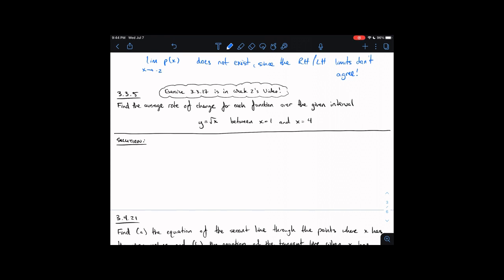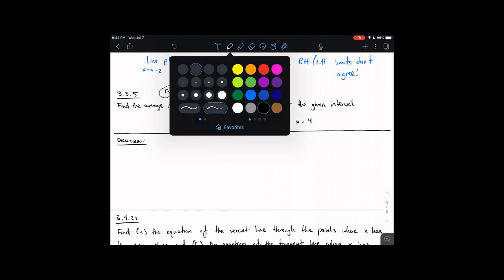Okay, so for the average rate of change, we have a formula. It's just like the slope. It's rise over run. So let's put that over here.